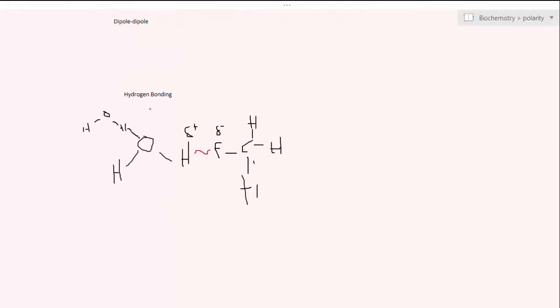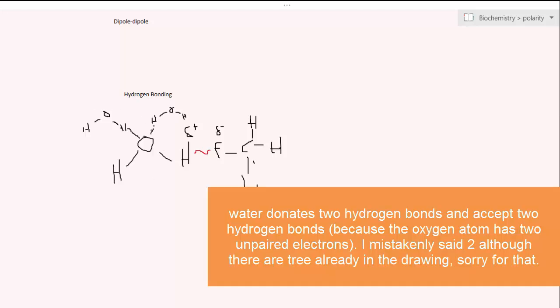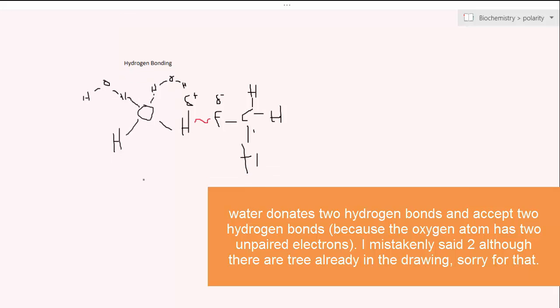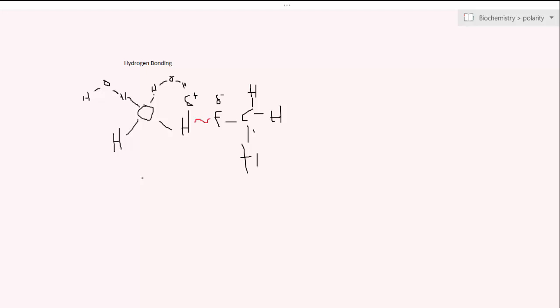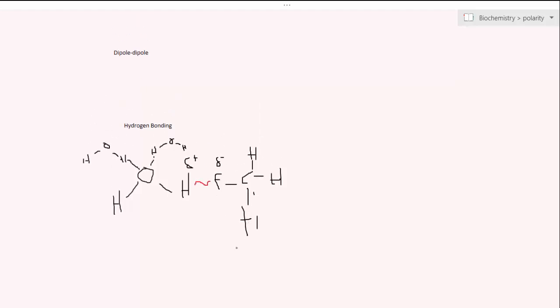Another one would be like this. This is how water makes two hydrogen bonds. And the fact that water makes hydrogen bonds gives it many characteristics which we are going to discuss in the next videos, not in this one. Here we're only defining what hydrogen bonding is.